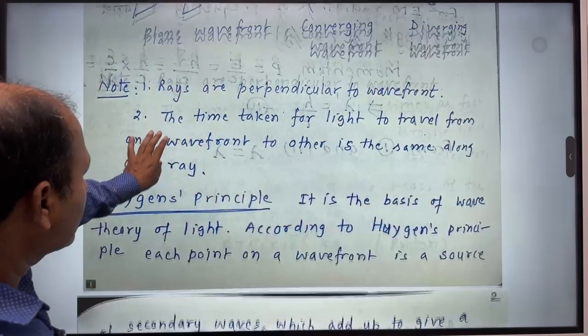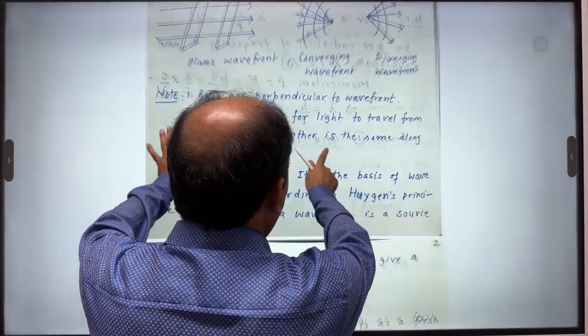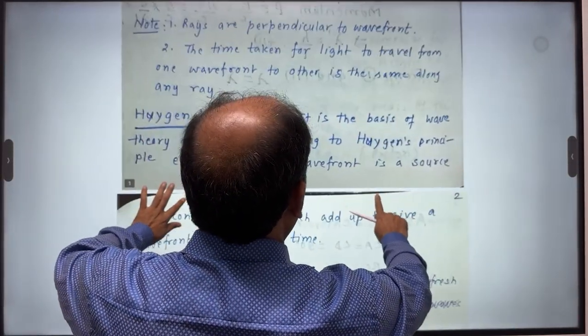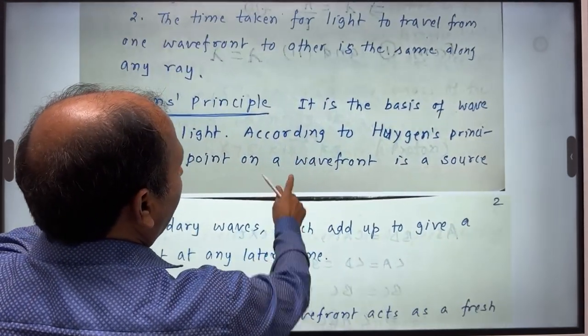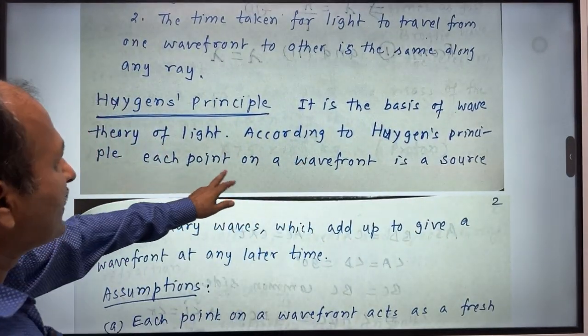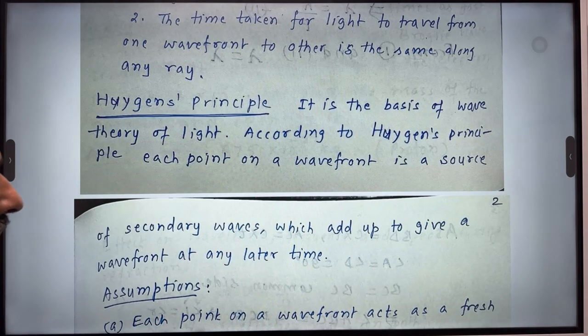Now we are going to see Huygens principle. Huygens principle is the basis of the wave theory of light. According to Huygens principle, each point on a wavefront is a source of secondary waves, right?